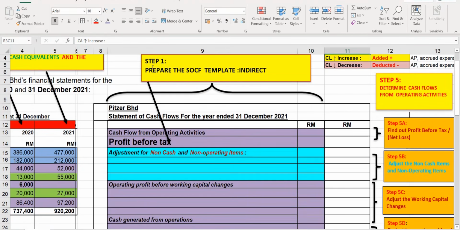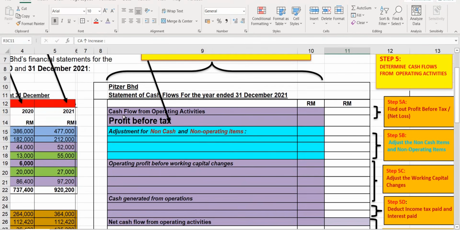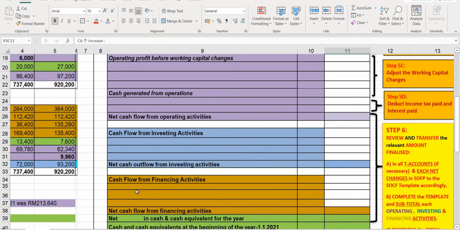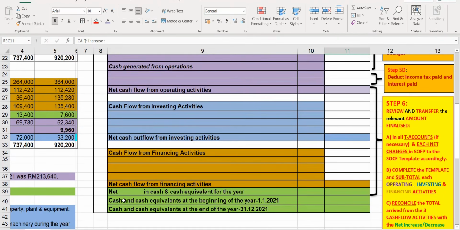So step 1 is to prepare the statement of cash flow template using the indirect method, where you can see that I have used different colors: purple for operating activities, blue for investing activities, brown for financing activities, and the last section of the cash flow, section 4, is going to use green.